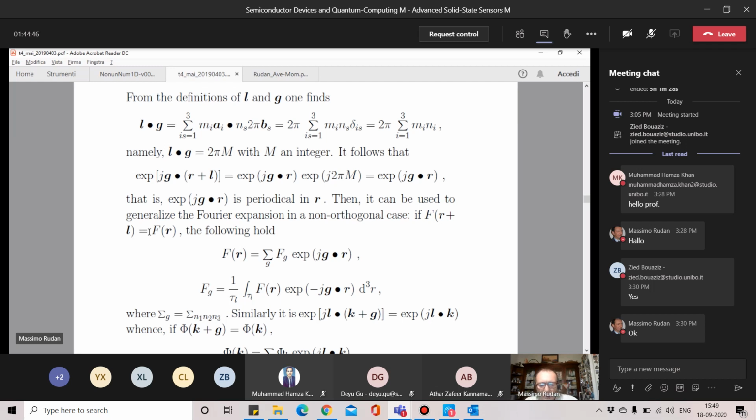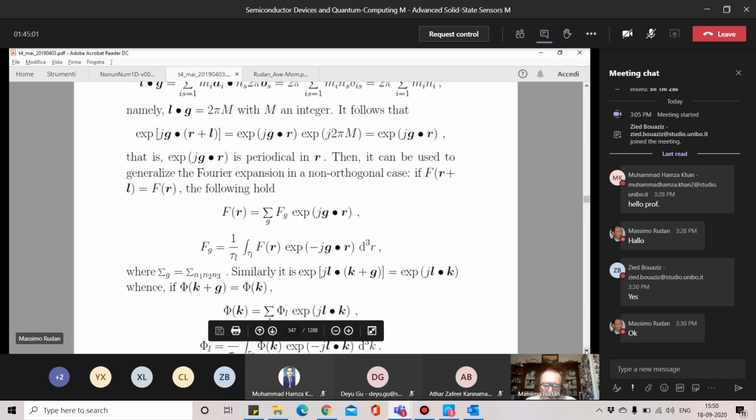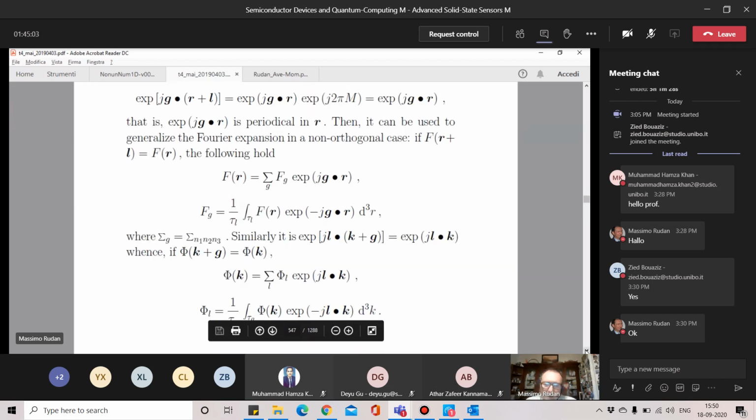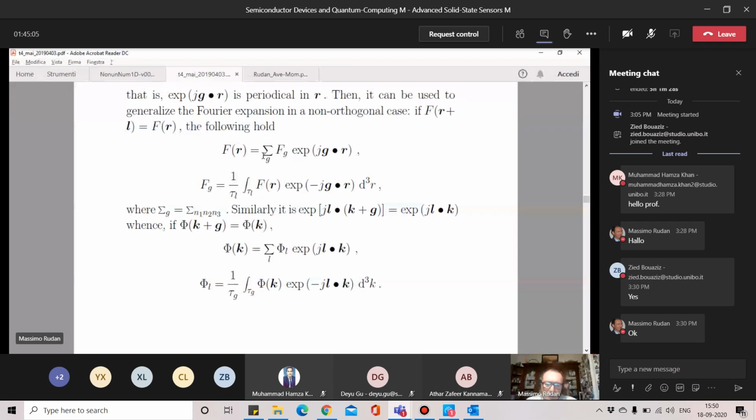So the expansion is a sum over some index G of some numbers that we call Fg, which are the coefficients of the expansion, times this exponential. This is the generalization of the Fourier expansion in a non-orthogonal case.